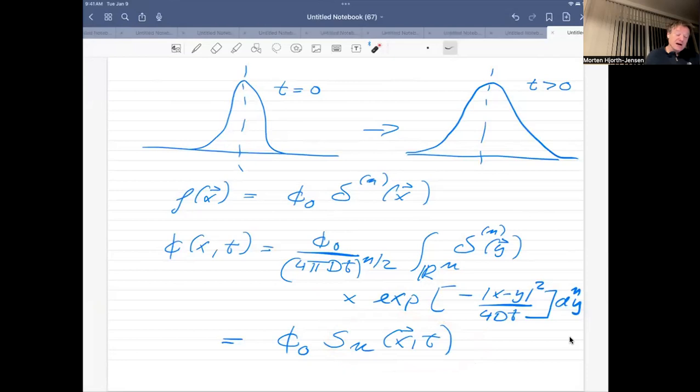And this is a Gaussian. This Gaussian can now be interpreted as a probability, or a transition probability. So you can say that this expresses the probability of jumping from y to x. And since it has time here, it represents the time evolution of a probability.